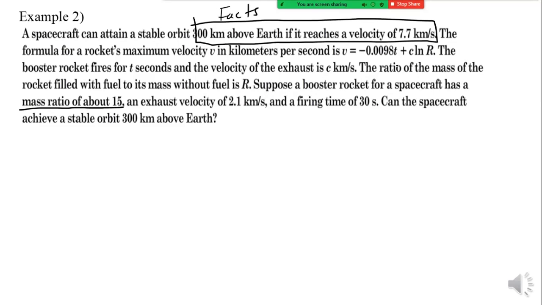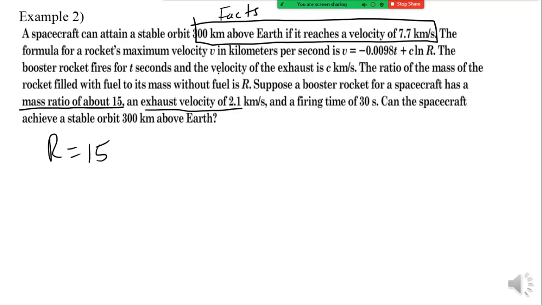Mass ratio is which variable? V, T, C, or R? It's our R, right? Our mass ratio is R, so we know R equals 15. And exhaust velocity is what?